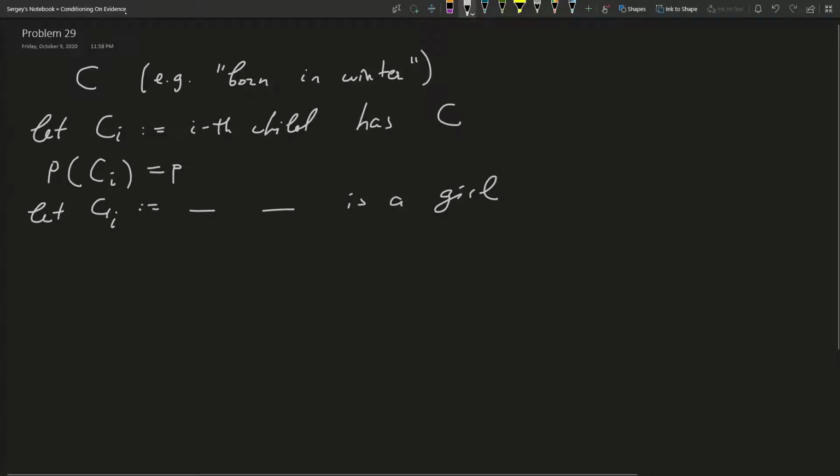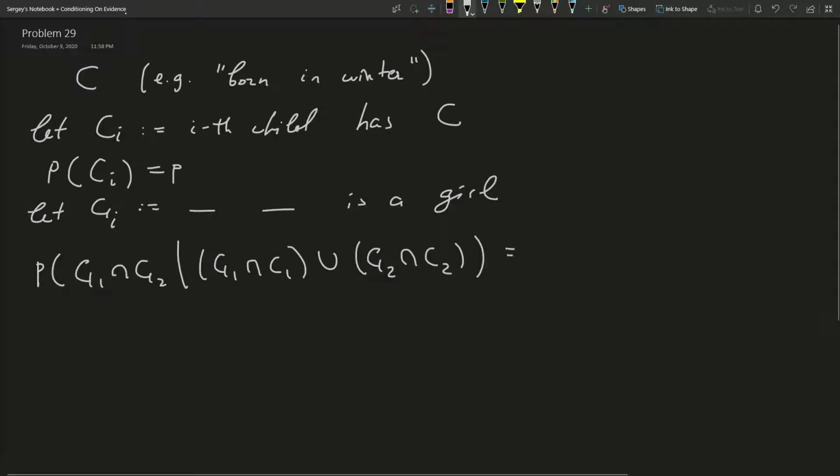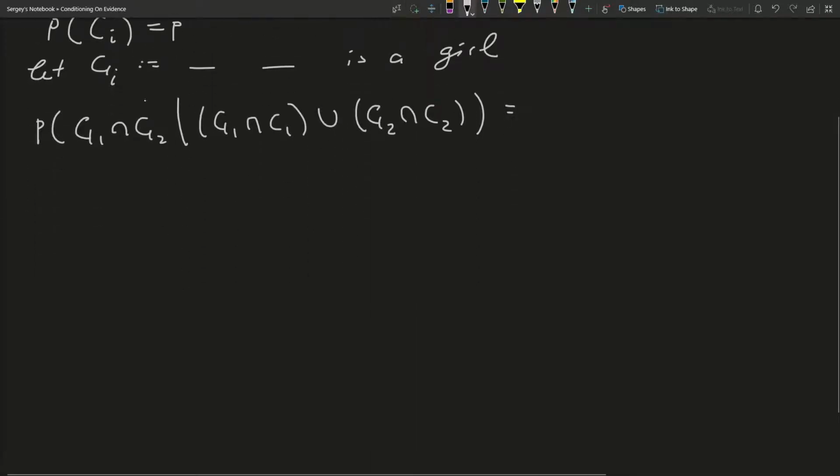And we're interested in finding the probability that both kids are girls, given that at least one of them is a girl with characteristic C. So to solve this, we're going to use the definition of conditional probability.